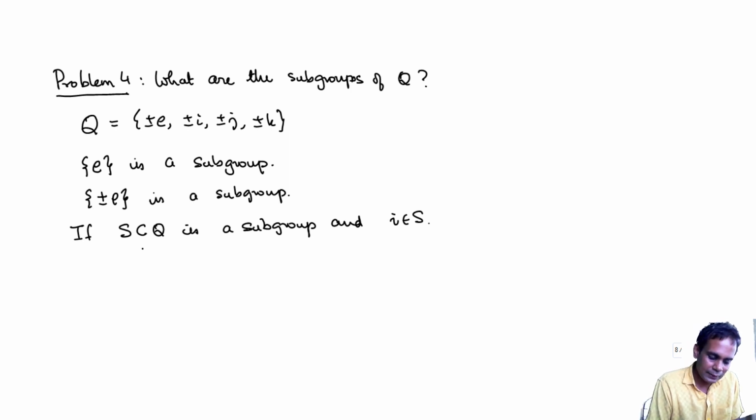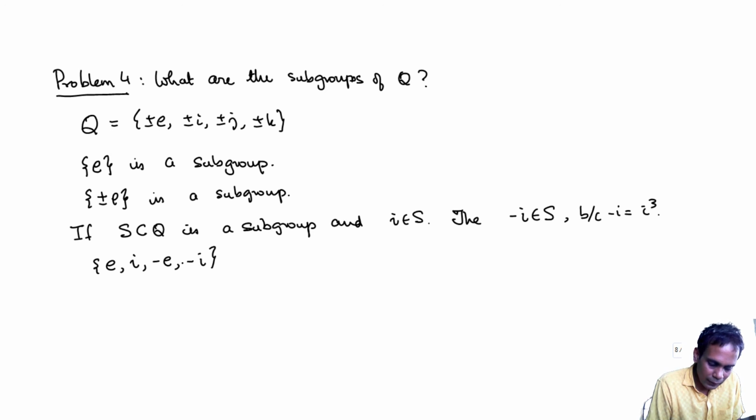I cubed is minus I. So then minus I belongs to S because minus I is I cubed. Now you look at these elements E, I, minus E, minus I. So minus E is I squared and minus I is I cubed, and then you multiply again by I, you'll get back E. So this is again a subgroup.